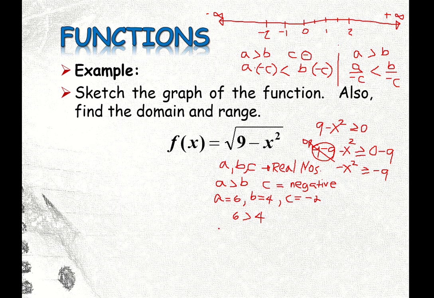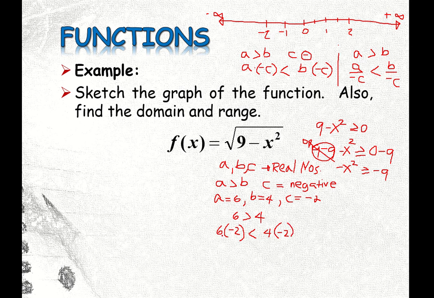So if you are going to multiply 6 multiplied by negative 2, it will change the direction. So instead of greater than, this will be less than. Okay, so we have B is 4 multiplied by negative 2 also.